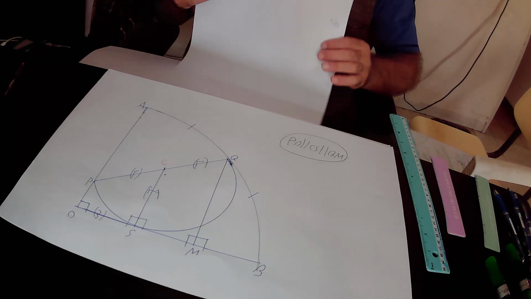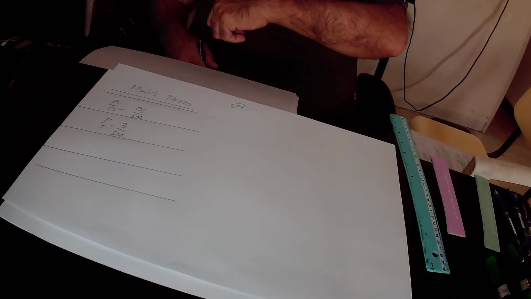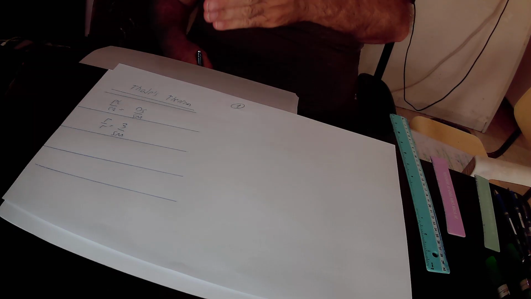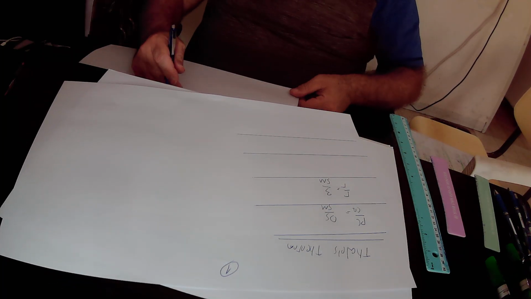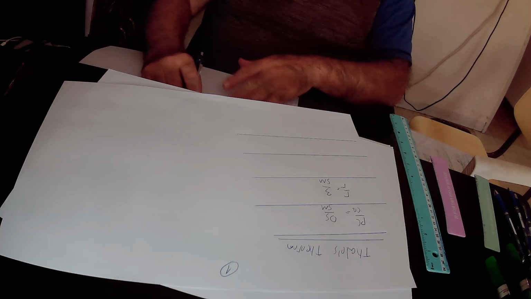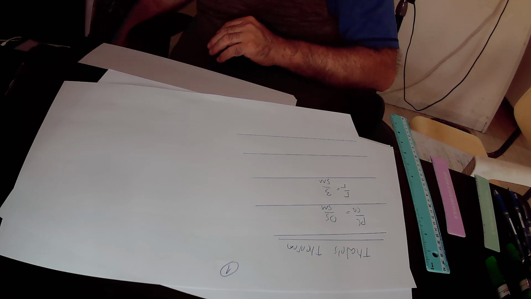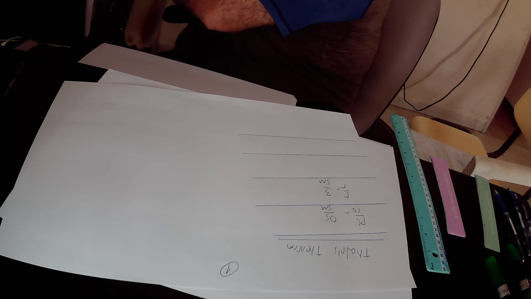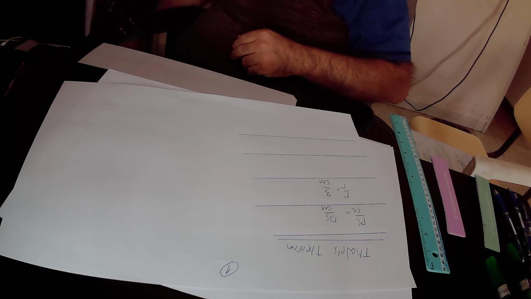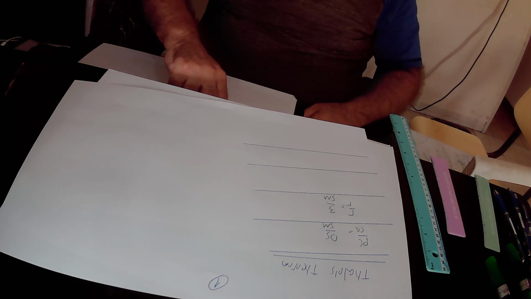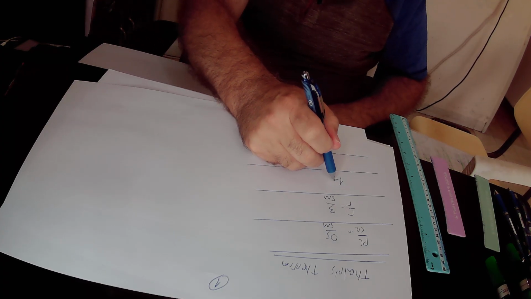So for that, if you found out that R over R equals 3 over SM. R over R is 1, so 1 equals 3 over SM.